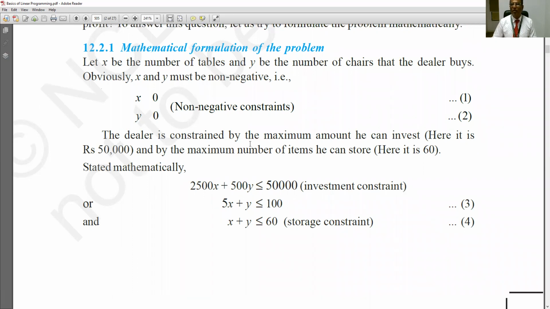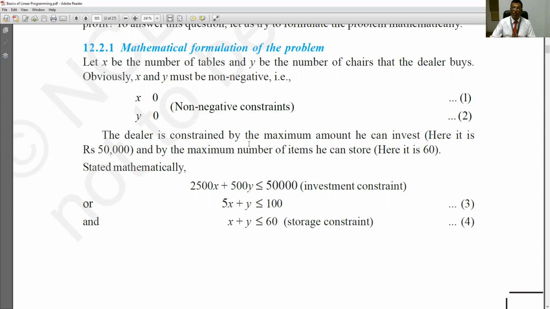So this is the formulation of the optimizing problem. Please write formulation of optimizing problem.